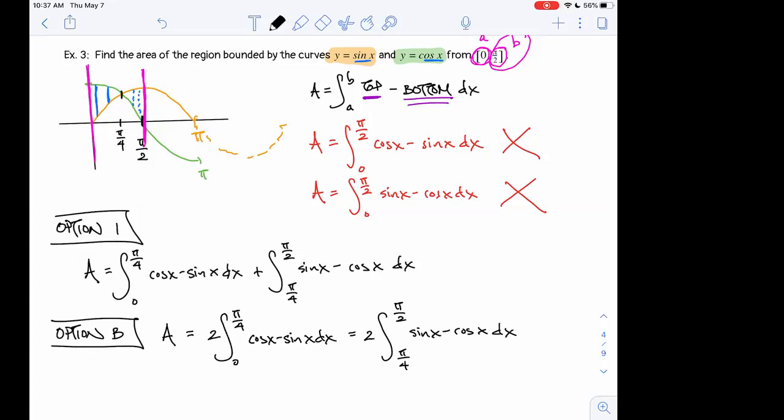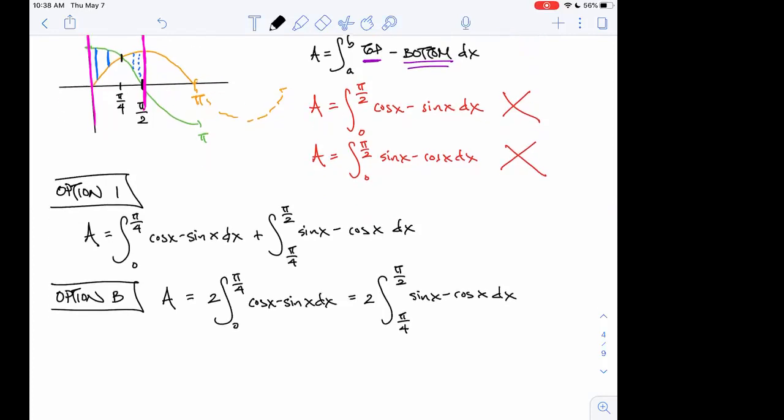Okay, so option 1 is you split it up, you find area 1 and you add it to area 2. In the special case that they're symmetric, you can actually shortcut it and do option 2, where you go from 0 to pi over 4 and then you double it, or you take the second half of the area and you double that.